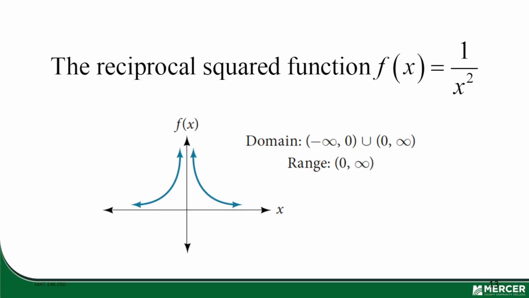Actually, this kind of function occurs a lot. So much, in fact, that in physics we call it an inverse square relation. First one that pops in my mind is gravity. Gravity is an inverse square relation.